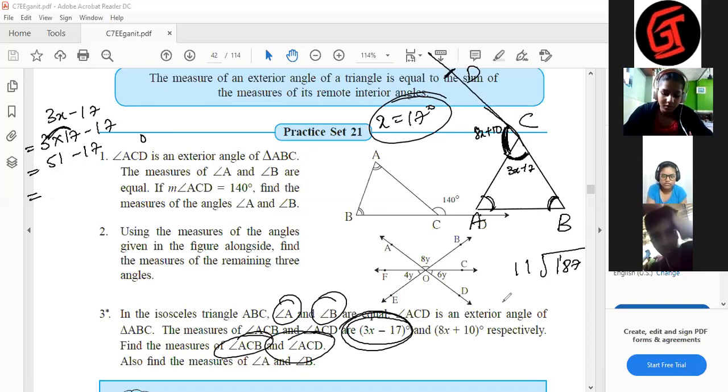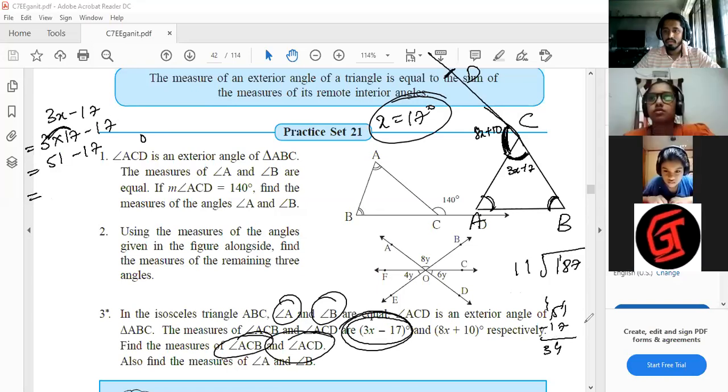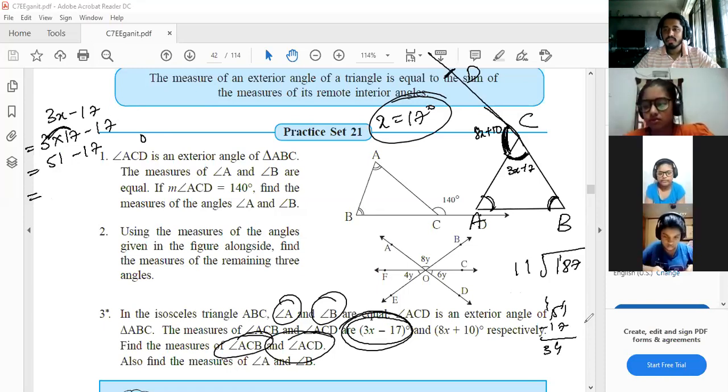Please do the minus and tell me. 51 minus 17 is how much? 20. Who's that, 20? Sir, 34. What are you doing, Avni? Minus, not plus.